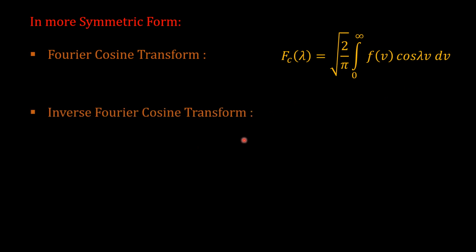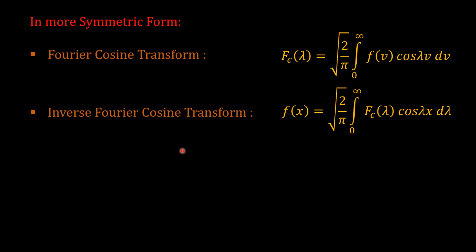Similarly, inverse Fourier cosine transform is given by f of x is equal to square root of 2 upon pi integration from 0 to infinity Fc lambda cos lambda x d lambda. So these are the formulas in more symmetric form.